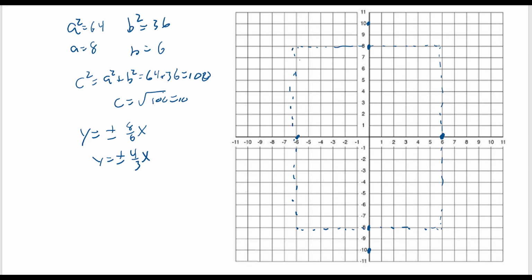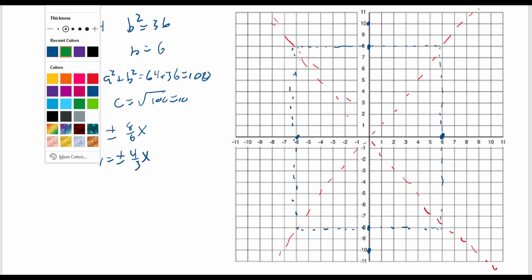And that would make our asymptotes look something like this. And make it steep enough, like that. So our graph would be something like this.